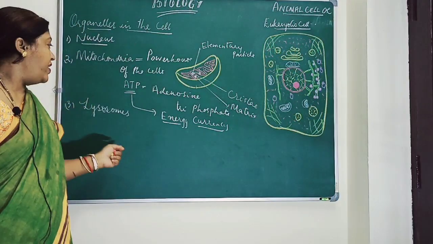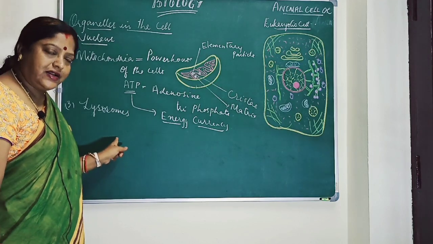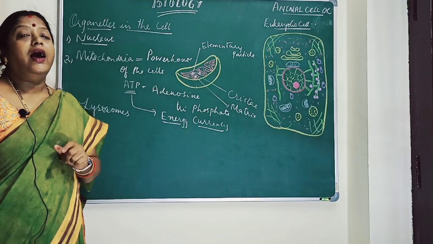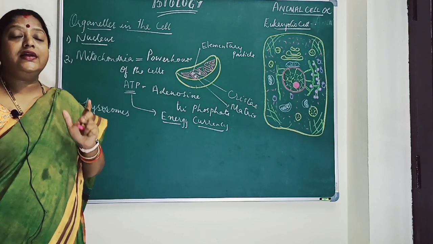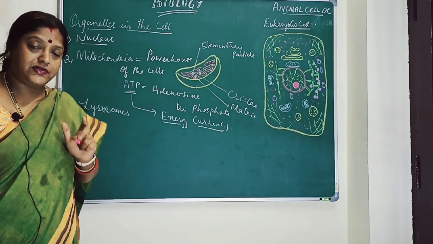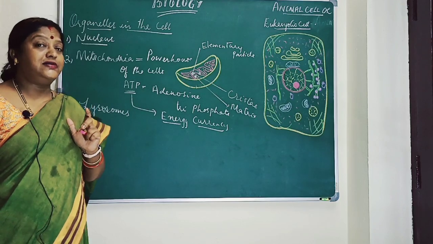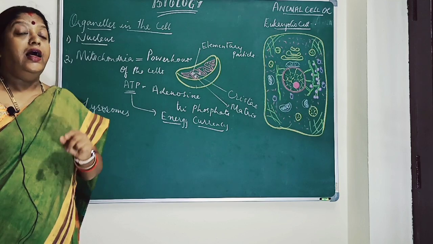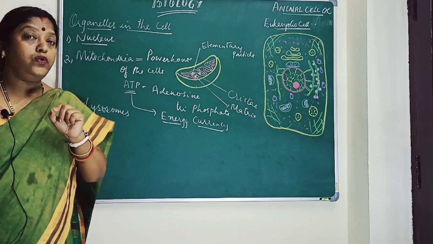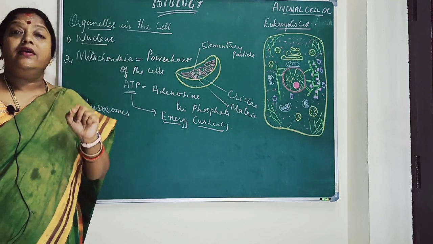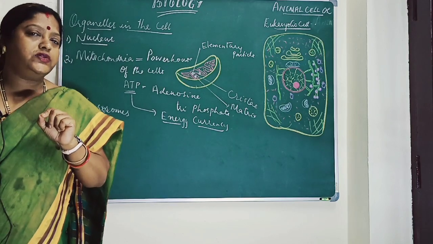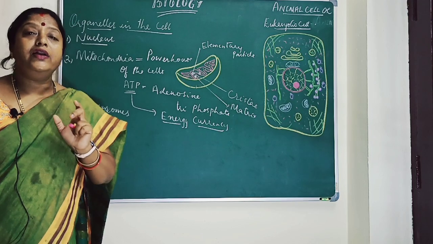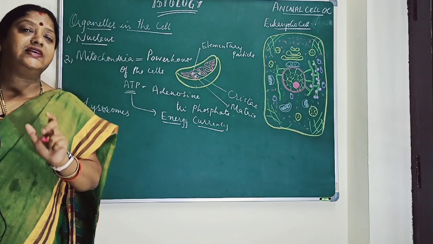Lysosome is a spherical structure. It is surrounded by a single membrane. Inside the lysosome there is an enzyme, a chemical substance, and that enzyme has the capacity to digest organic material. Lysosome is also known as the waste disposal system of the cell, because it helps in keeping the cell clean.